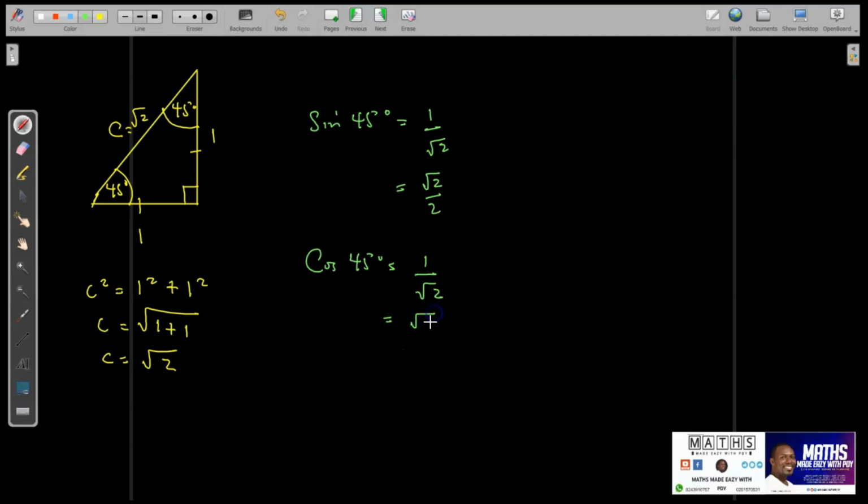Root of 2 on 2. Thank you. Then the final one is the tan of 45 degrees. So remember, sine 45 is root 2 on 2, cos 45 is root 2 on 2. Can't you easily remember this? Yes, you have to remember.